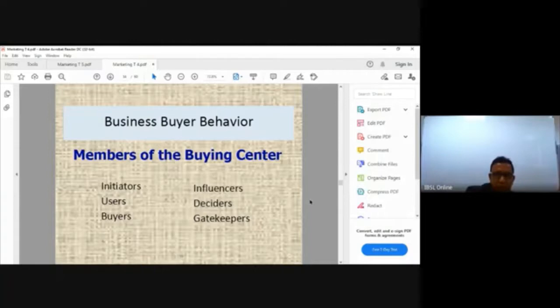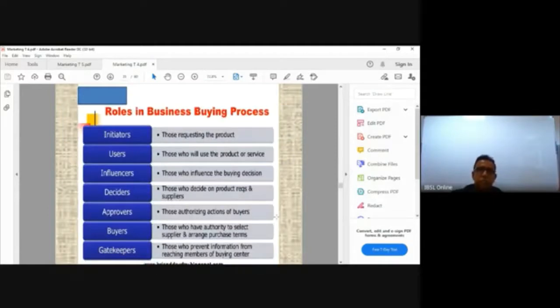In business buying, the additional party are the gatekeepers who will object or give different ideas without supporting the idea initiated by a particular division. The same thing.